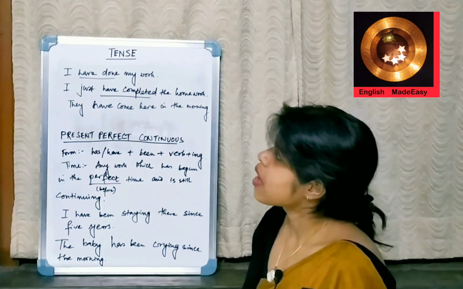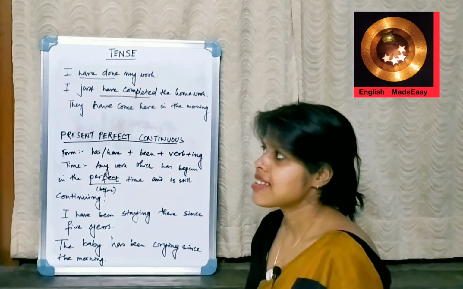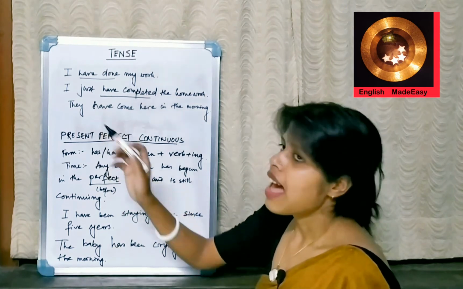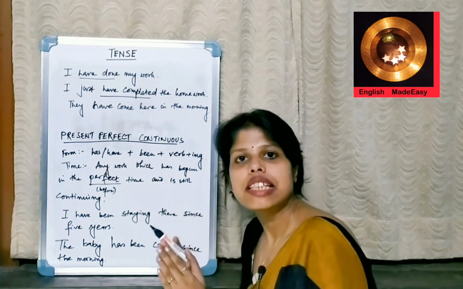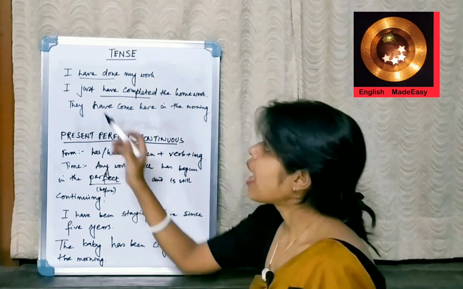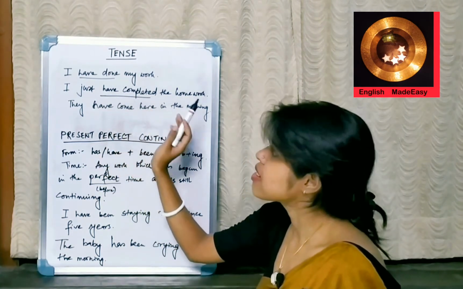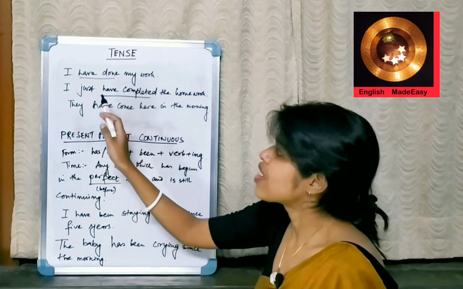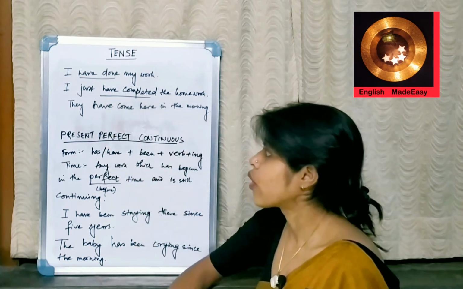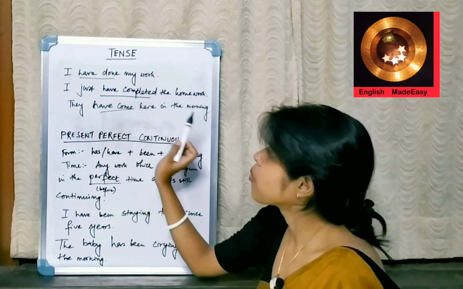See, few examples of present perfect tense, as I have said, has or have plus participle form of the verb. I have done my work. I have just completed the homework. They have come here in the morning.